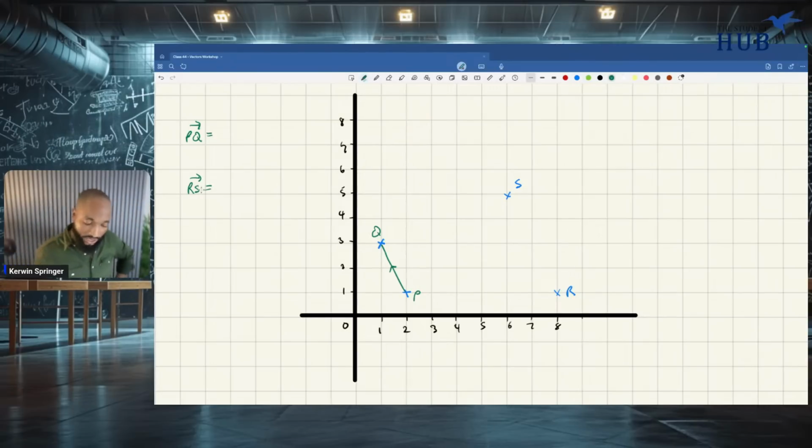Nobody can tell me what PQ is yet. And what is RS? No correct answers for PQ yet. What's going on here? Still no correct answers for PQ.